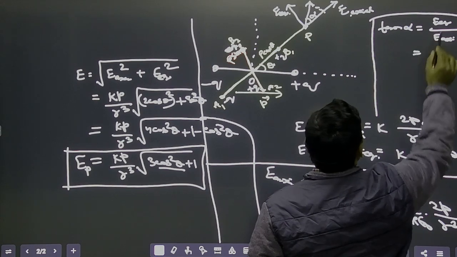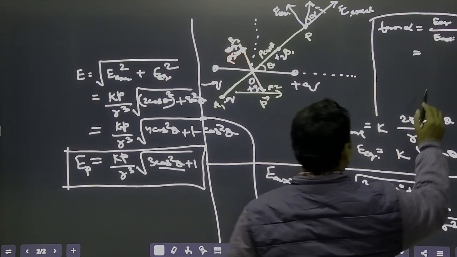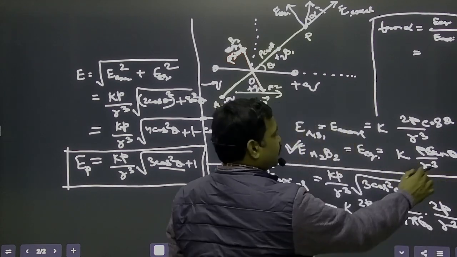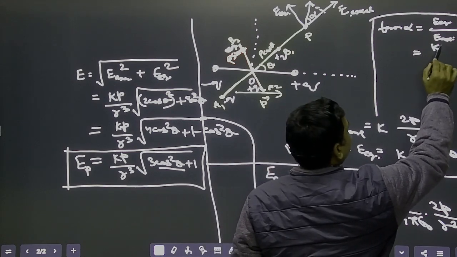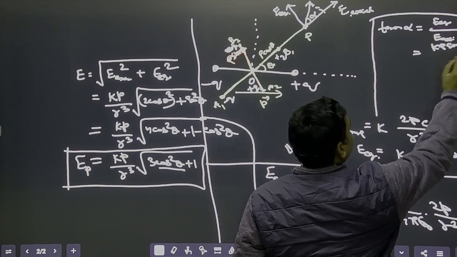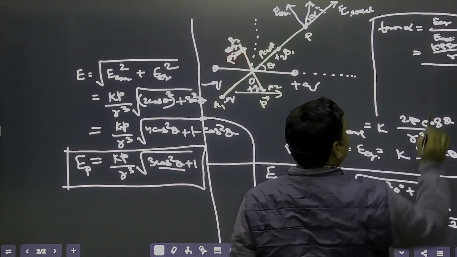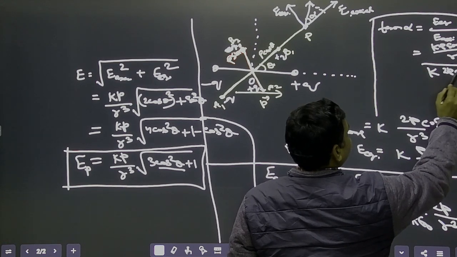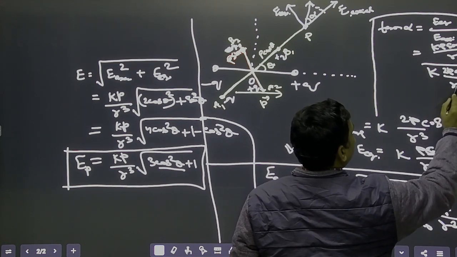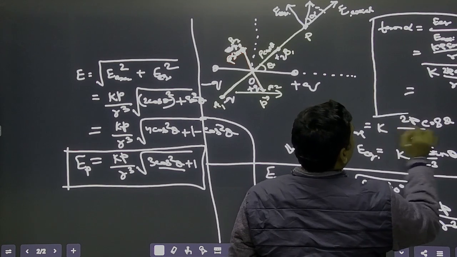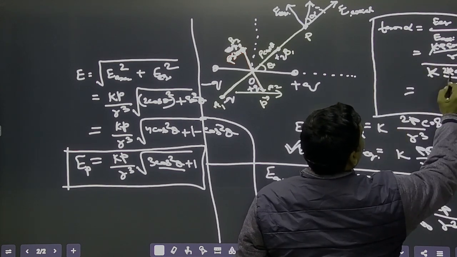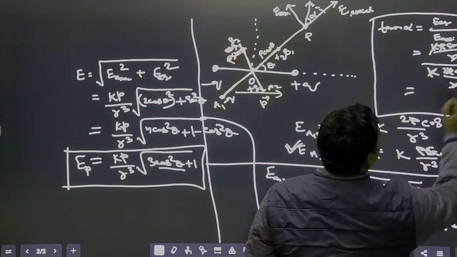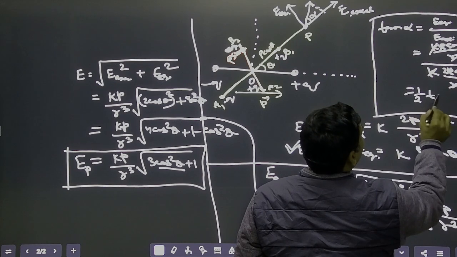So this will come as E equatorial, that is Kp sin theta upon r cubed, divided by K 2p cos theta upon r cubed. So this will cancel. So now we'll be getting the value as sin theta upon 2 cos theta. So this is tan theta, so this is half tan theta.